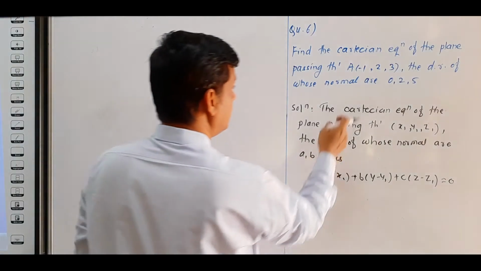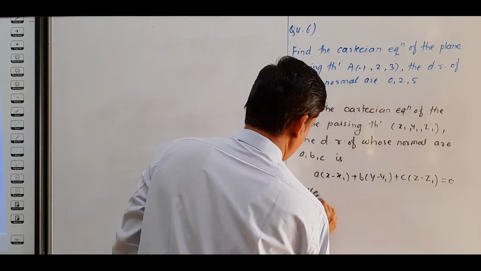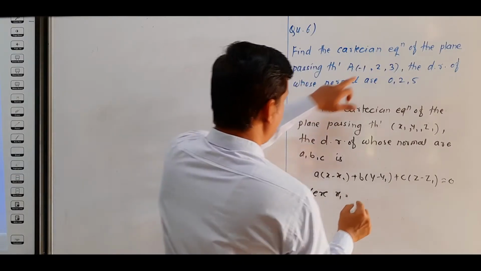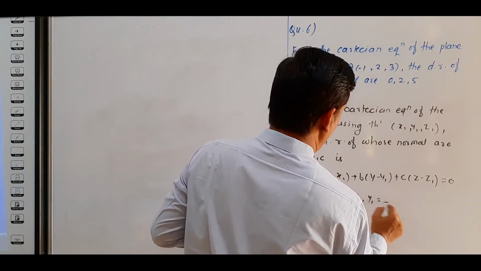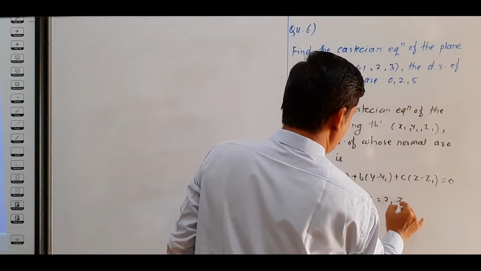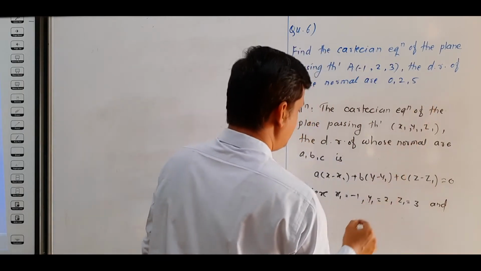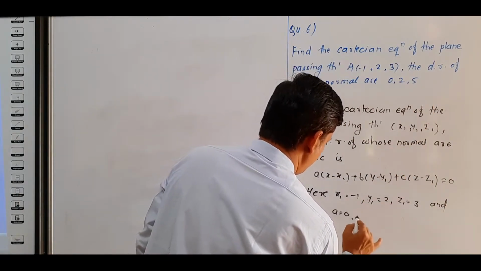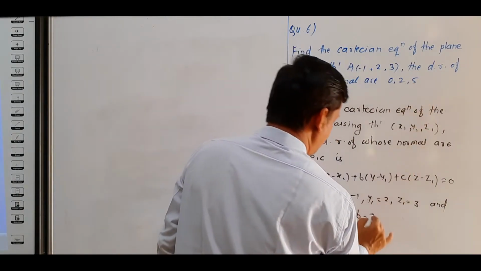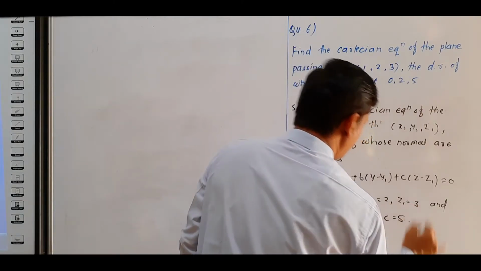So here x1 is equals to minus 1, y1 is equals to 2, z1 is equals to 3 and the direction ratios A is equals to 0, B is equals to 2, C is equals to 5.